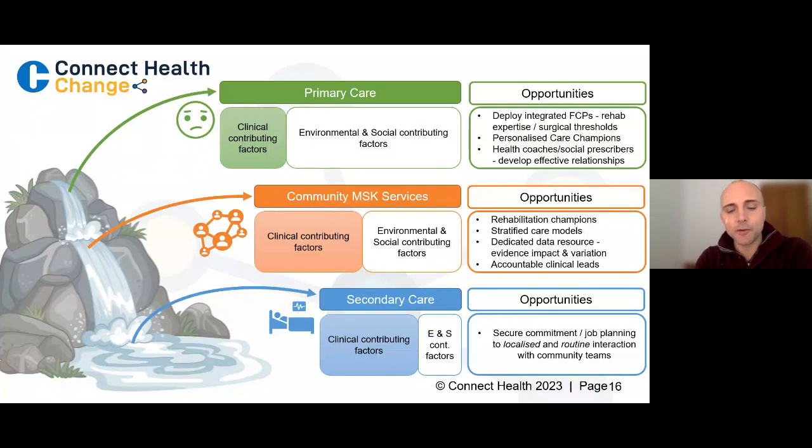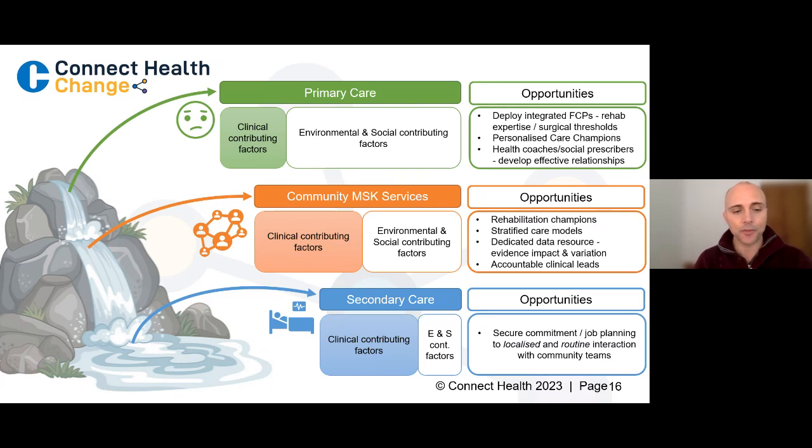So what I'm trying to illustrate with this slide is really a focus for us to think about the opportunities against the care needs of our patient cohorts that we're seeing in the different care settings, because we've got to recognise that the patients we see in those areas have different needs.